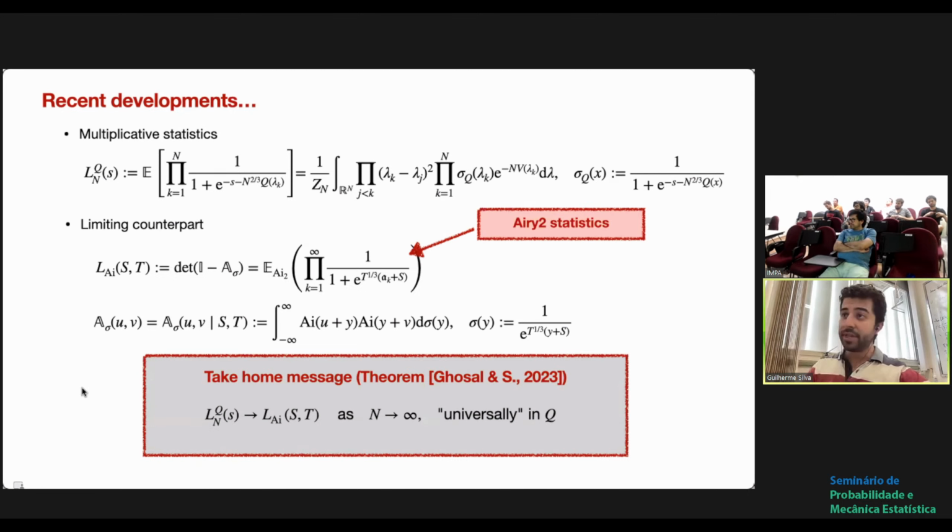I'll give a more precise version of this result if I get to that point. But the take-home message for today is that we have a new universal result saying that a very general class of multiplicative statistics of eigenvalues converges to a limiting object, which is a multiplicative statistics of the Airy 2-point process.